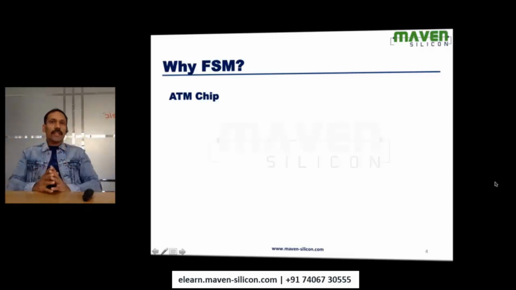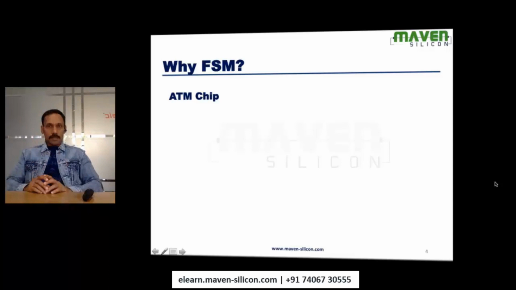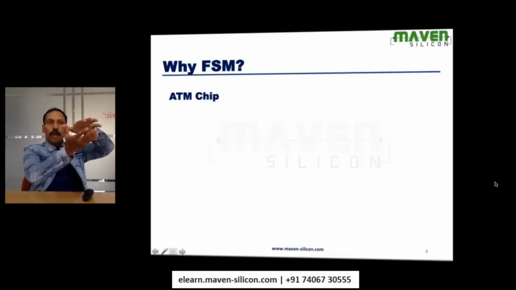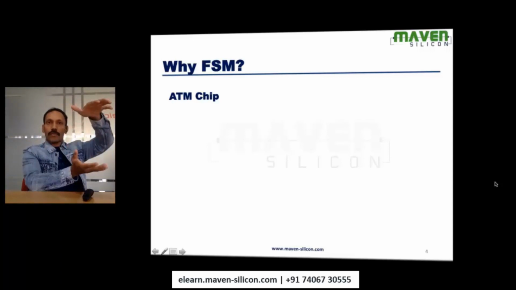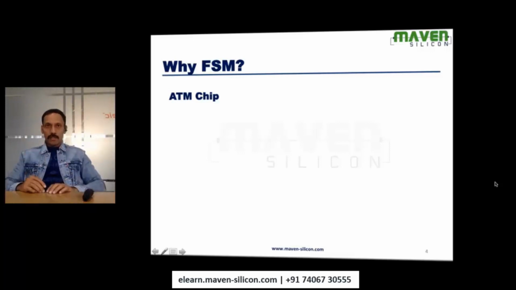Now, when it comes to finite state machine, what we actually do is define each scenario as a particular state. So this FSM will go through many states. To design a finite state machine, you have to identify the possible scenarios and define each scenario as a state. Then how is the transition going to happen?